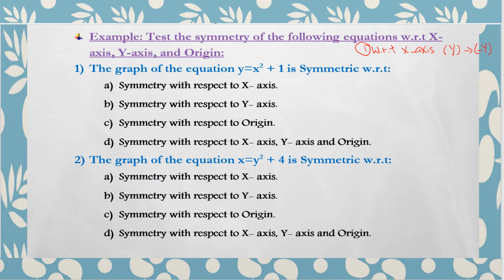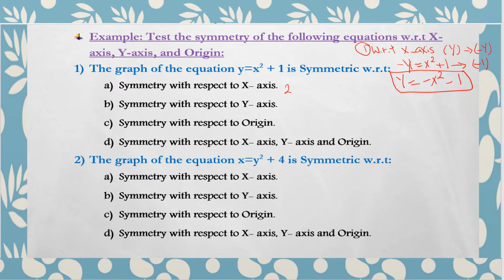So negative y equals x squared plus 1, and by multiplying both sides by negative 1, as we just need y, we get y equals negative x squared minus 1, and this is not equivalent to the original equation, so the equation of the graph is not symmetric with respect to the x-axis.